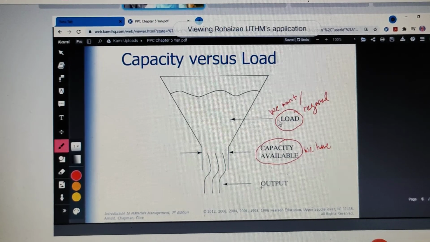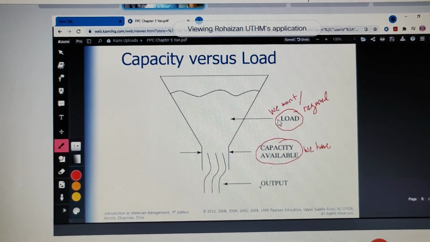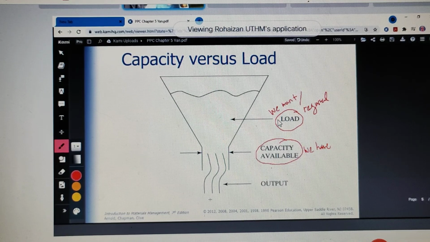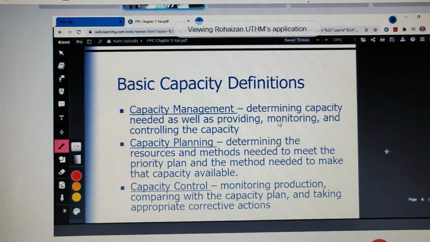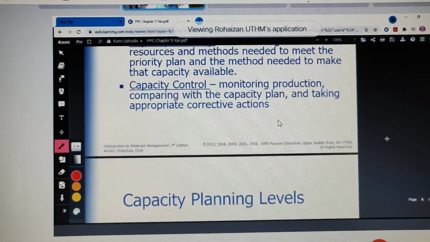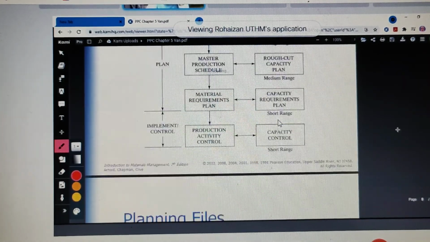So we need to do something to make sure that the output for what we want is delivered based on what we have. This is what we do in capacity management. So all the things going on.